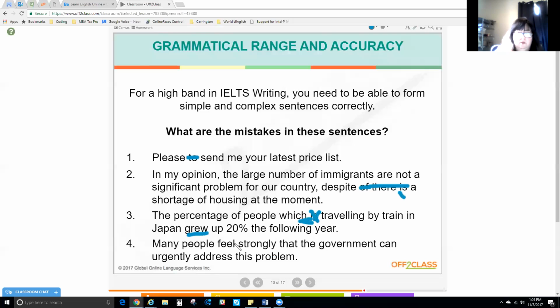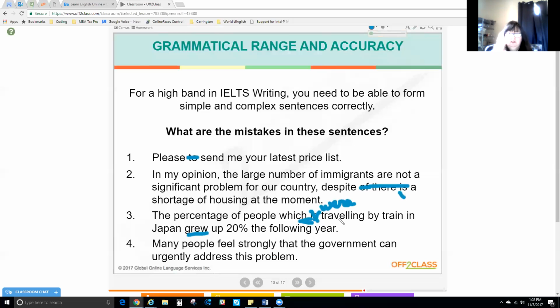Because "grew" is past tense, this should say "were." Okay, so "which were traveling by train in Japan grew up to 20% the following year." Okay, that's past tense because "grew" is past tense.